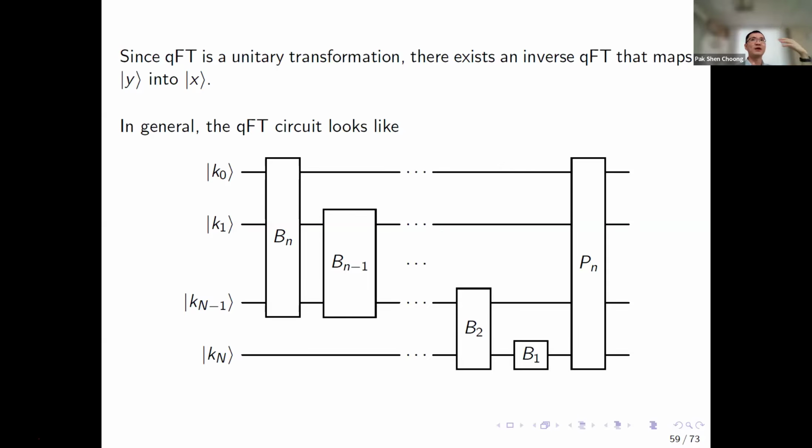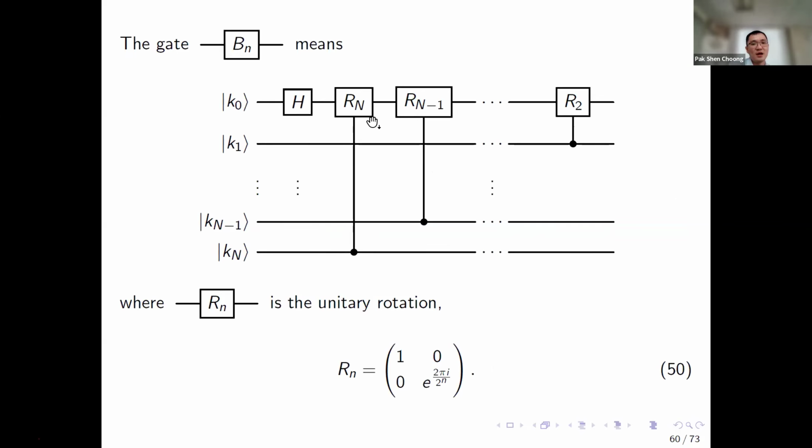So now what is Bn? Bn will be a series of gates like this. You have your Hadamard on your very first qubit, and then you have all the control rotations for the rest of the qubits. So what is Rn?